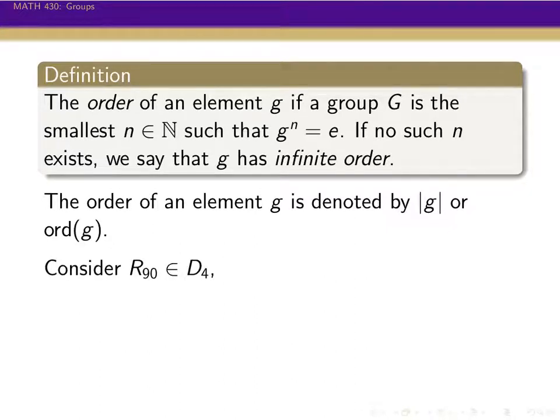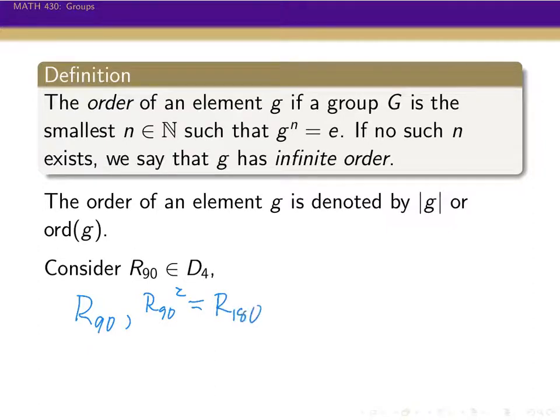Okay, and so let's take something. We talked about D4, it has 8 elements. Let's take the rotation by 90 degrees of that, and let's think about what its order is. So let's work out what we get. So we have R90 by itself, and then if we do R90 squared, you rotate by 90 degrees, and then you rotate by another 90 degrees.